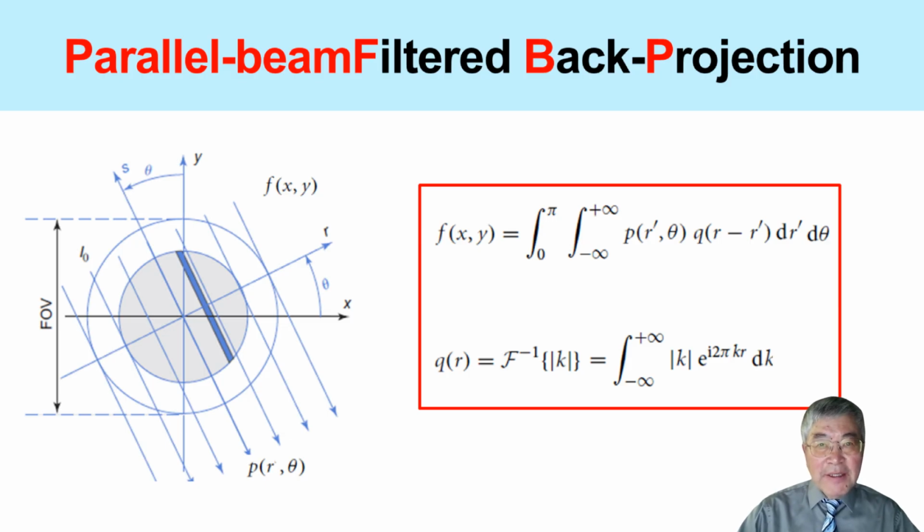The second step is backprojection. After filtering the projection data, we smear or backproject those filtered values back along the corresponding X-ray path through the image domain. Then we repeat this for all projection angles and all the contributions come together. By doing this, we recover the image represented by f of x and y.